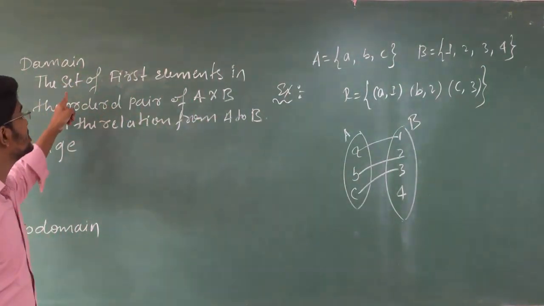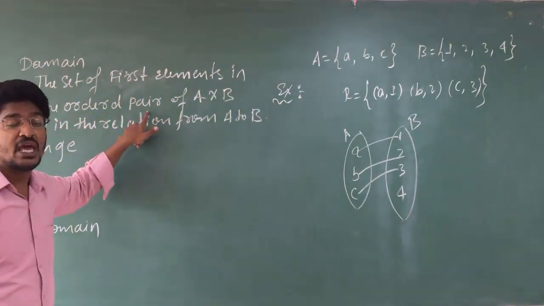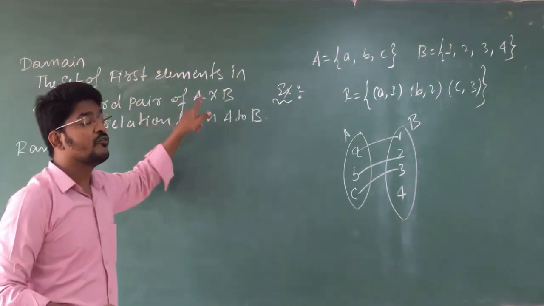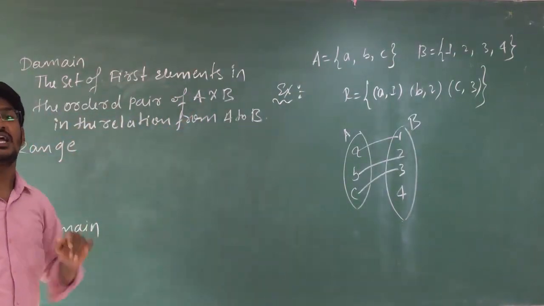The domain is the set of first elements in the ordered pair of A cross B in the relation from A to B.